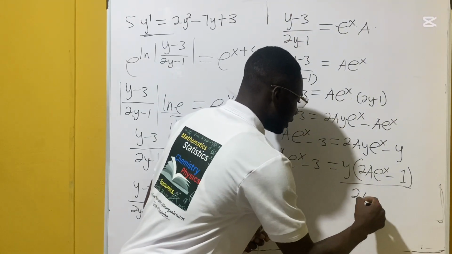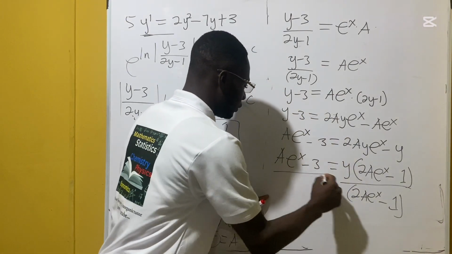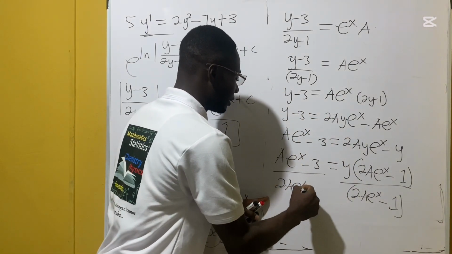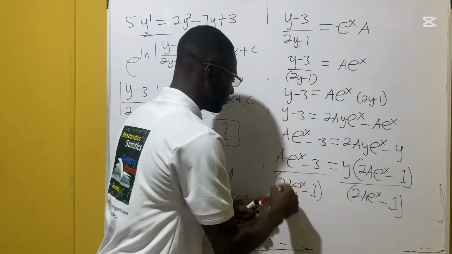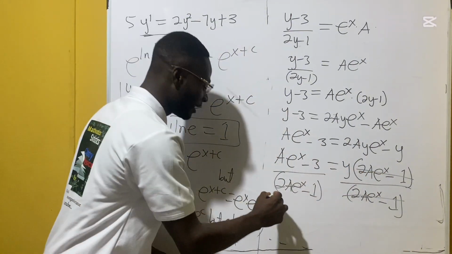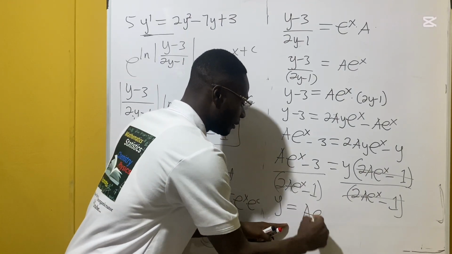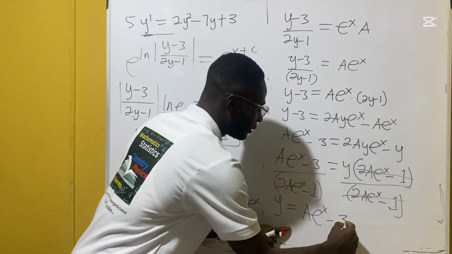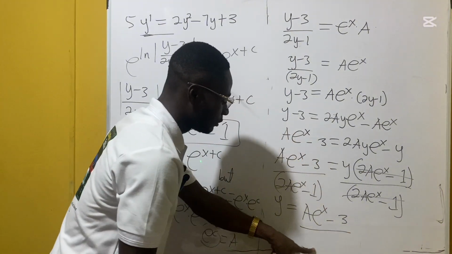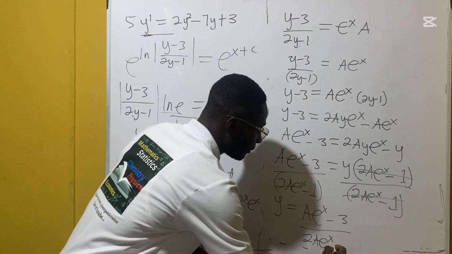So 2a e power x minus 1 here, 2a e power x minus 1 here, right? So this takes off this, and then we can finally have y equals a e power x minus 3 on 2a e power x minus 1.